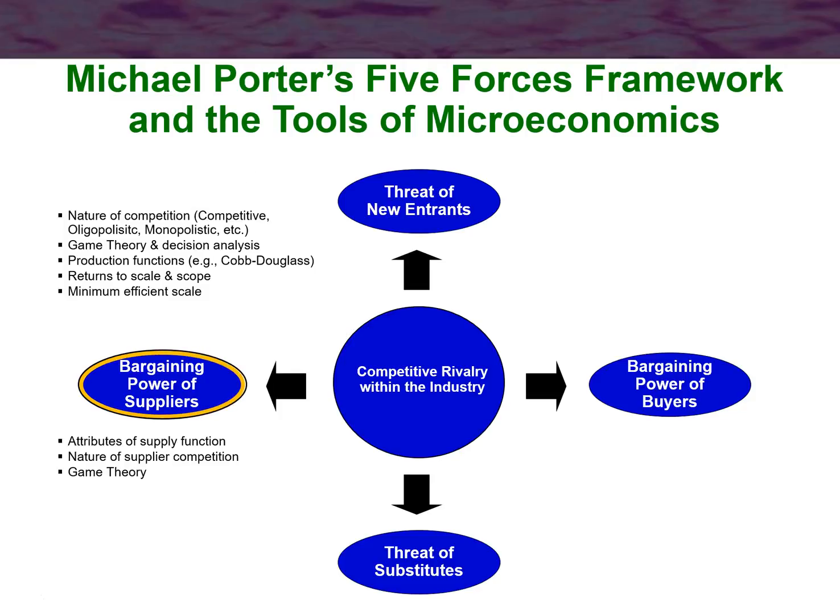Another element of Porter's five forces is bargaining power of suppliers. That looks at the supply chain and who's supplying you in terms of your raw inputs. Game theory is also part of this. This is also a look at your current situation, but it's looking at it from a supply and demand point of view, primarily supply.